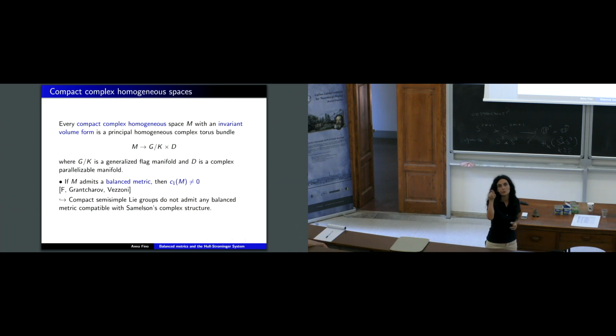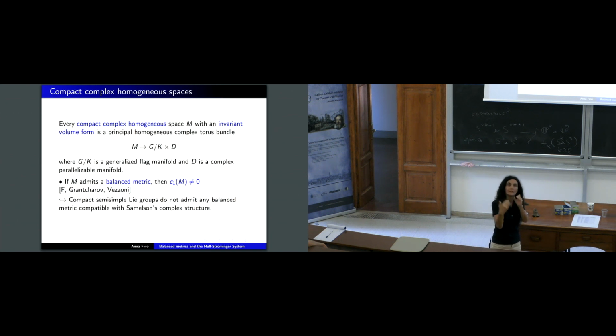So you just choose a Cartan subalgebra, and this is the Samelson construction. Every compact semisimple real Lie group has a natural complex structure. So you can work essentially in the abelian case, you choose something in the abelian case, and then you play with the fact that you choose positive roots.